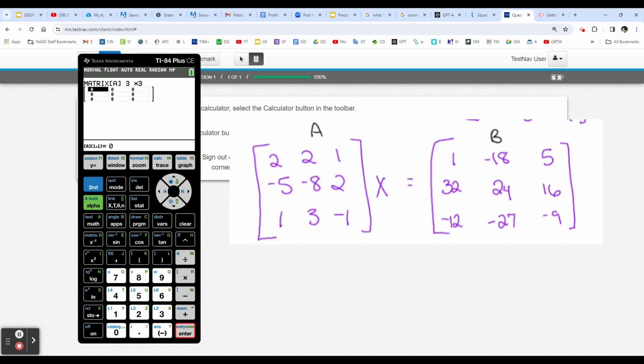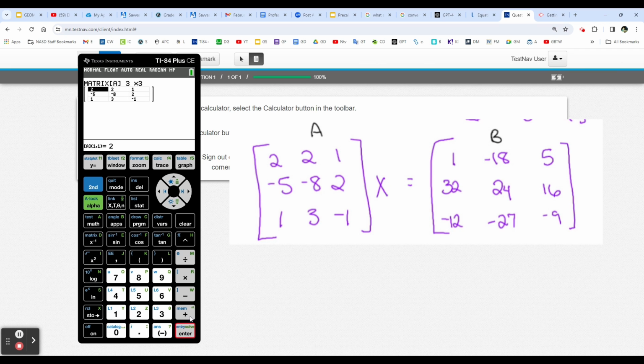You hit enter on all of those and type it in. 2, 2, 1, negative 5, and make sure it's negative 5, not minus 5 like I accidentally just did. Enter. Negative 8. Enter. Then 2, 1, 3, and then negative 1.